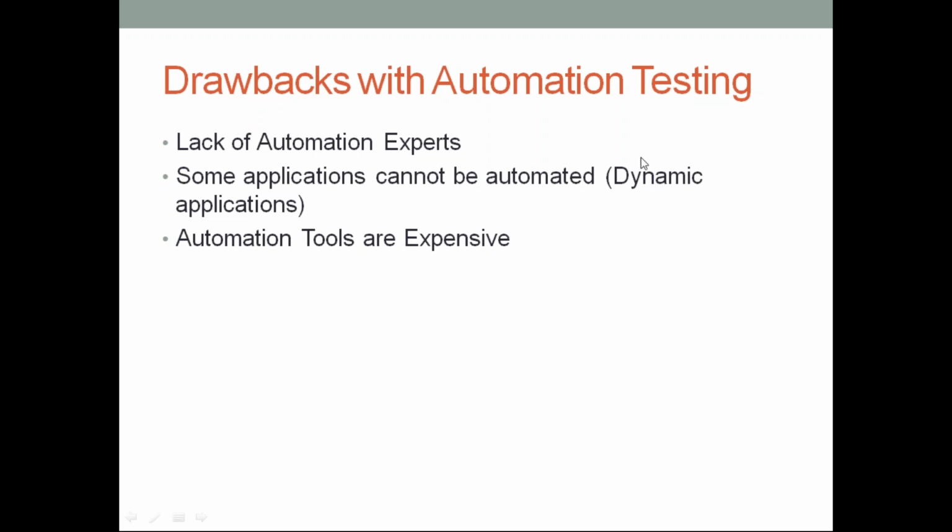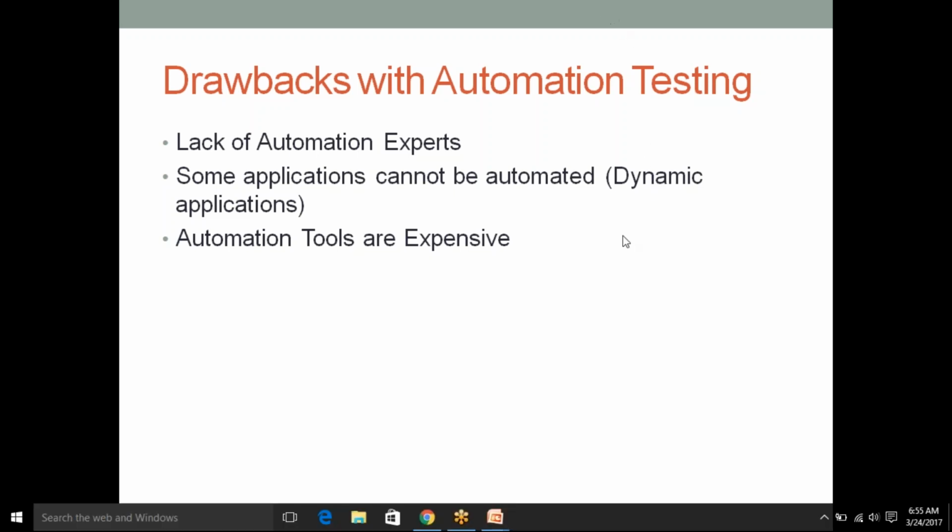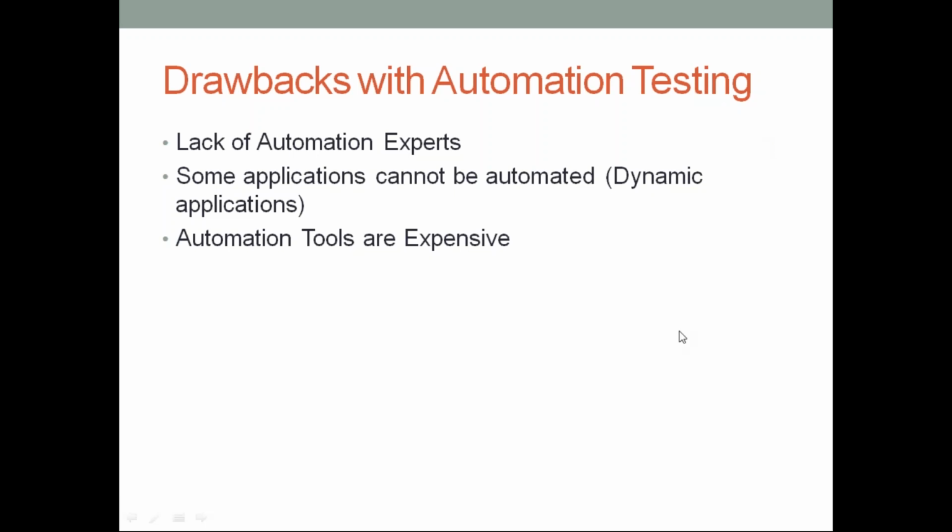The login form is not dynamically changing, so I need not worry, right? What I can do is identify the objects and run my test case multiple times. But if I talk about the game application, I really don't know when the object may appear and when it is going to disappear. So there is no exact expected result. Such kinds of applications we cannot automate, right?